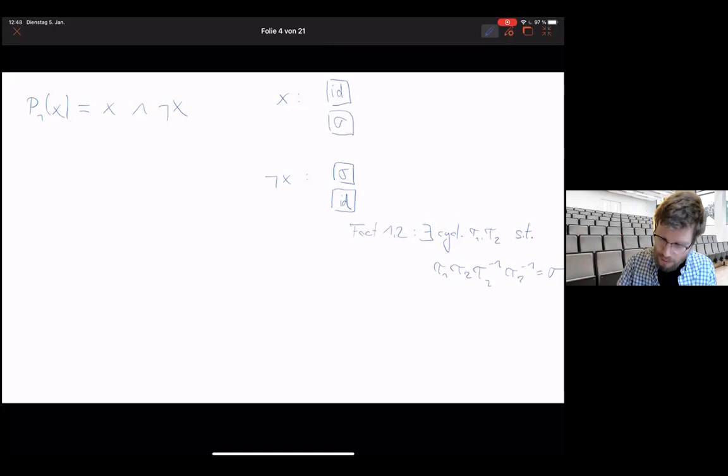So by a simple conjugation, I can turn this one here into identity and, let's say, tau 1, and that one here into identity and, let's say, tau 2. Okay, so now I have X and not X, and via Barrington's theorem, how does the branching program that computes P1 look like?